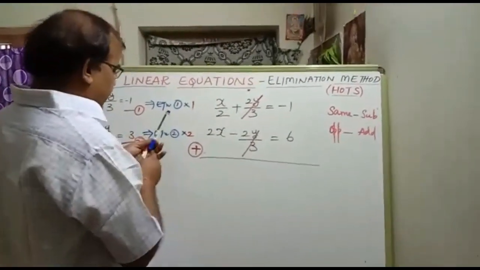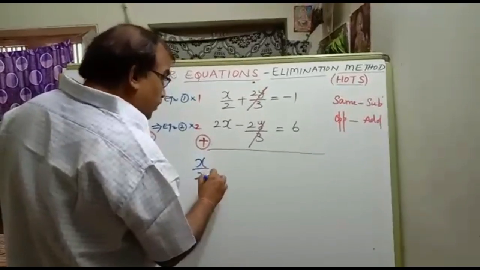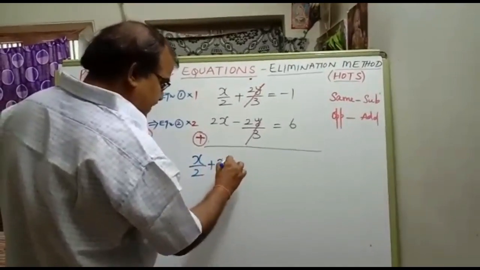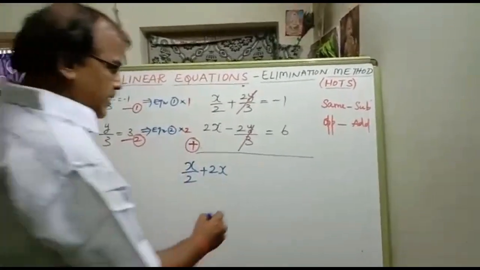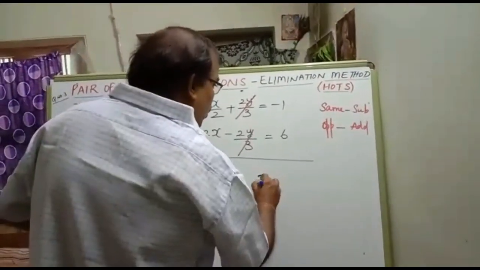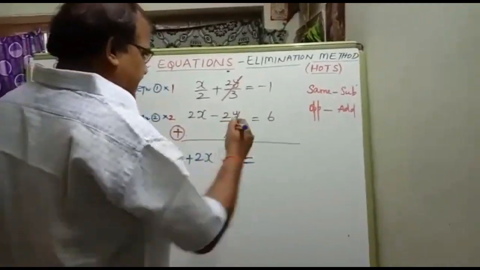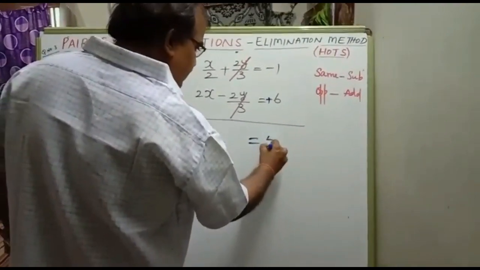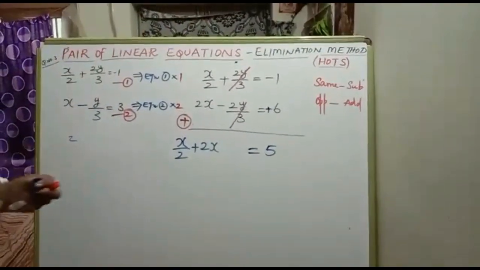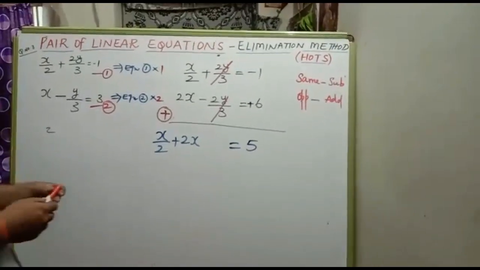Now here x by 2 plus 2x is equal to minus 1 plus 6, that is nothing but 5. Here we have to simplify. I got one linear equation in one variable.